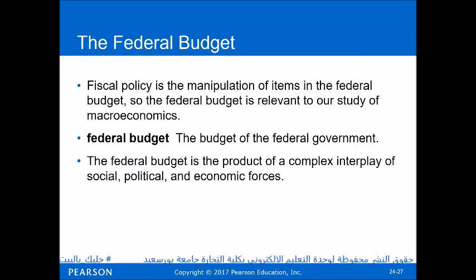Fiscal policy is the manipulation or directing of items in the federal budget, so the federal budget, or the government budget, is relevant to our study of macroeconomics. So what is the federal or government budget? It is the budget of the central or federal government. The federal or the central budget is the product of a complex interplay or interaction of social, political, and economic forces.